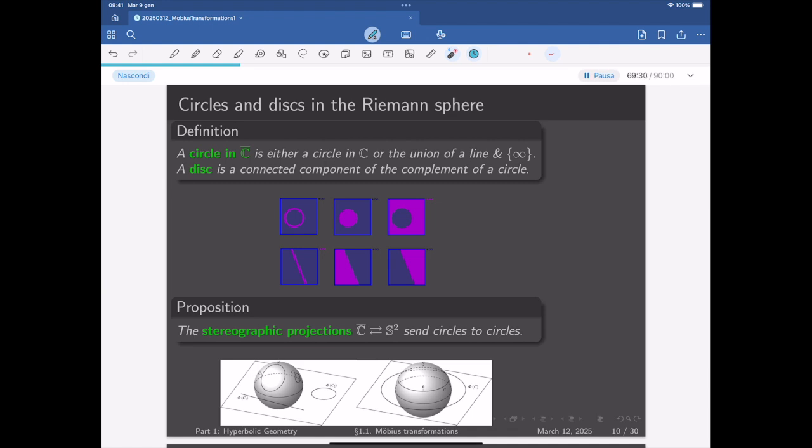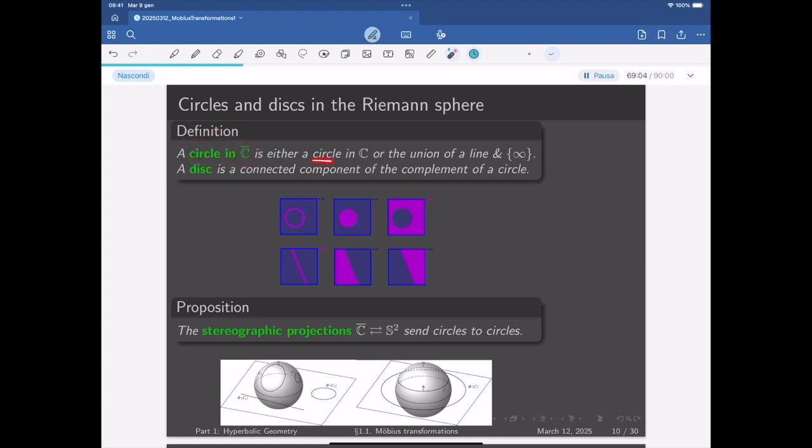Okay, now I'm going to be mainly working with the C bar, and I'm just going to resort to the other two models, namely P1C and the unit sphere, when it's convenient for me. So we defined the notion of circle in C bar, and it's a very simple notion.